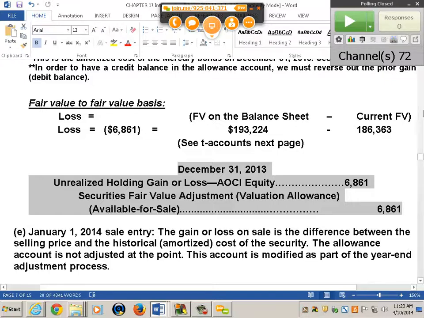I have a debit of 3375. I got kind of a two-step approach. The first thing I have to do is get rid of the debit or remove the gain, and then recognize the loss. I remove the gain of 3375 and then I recognize the loss at 3486. So the total loss this year is 6861.